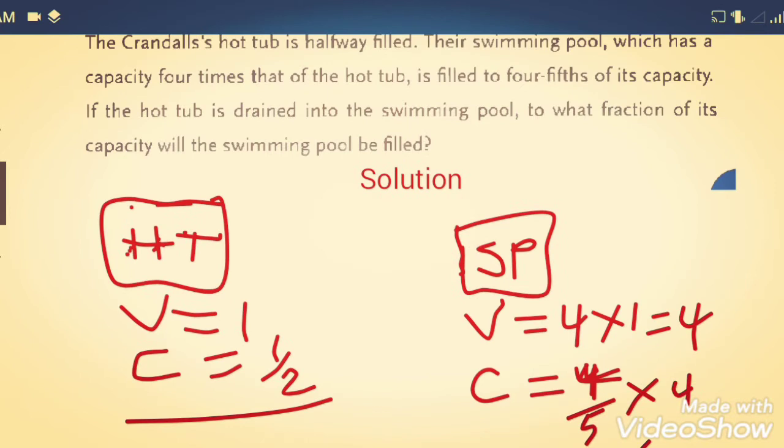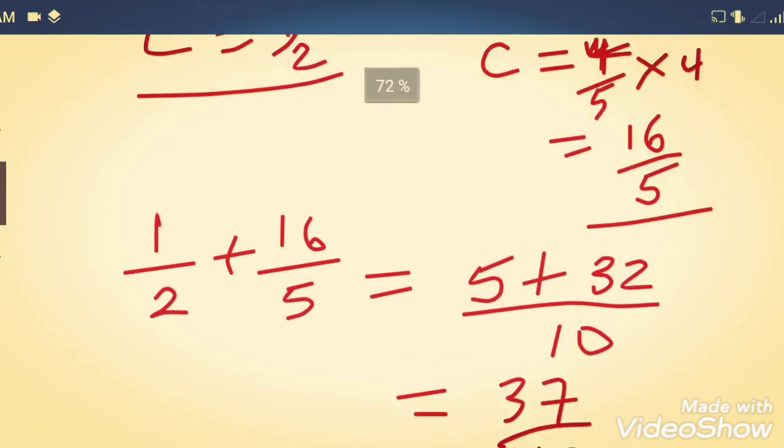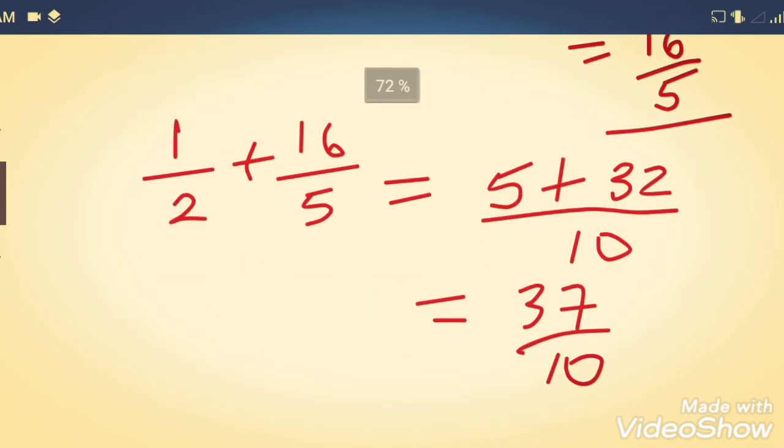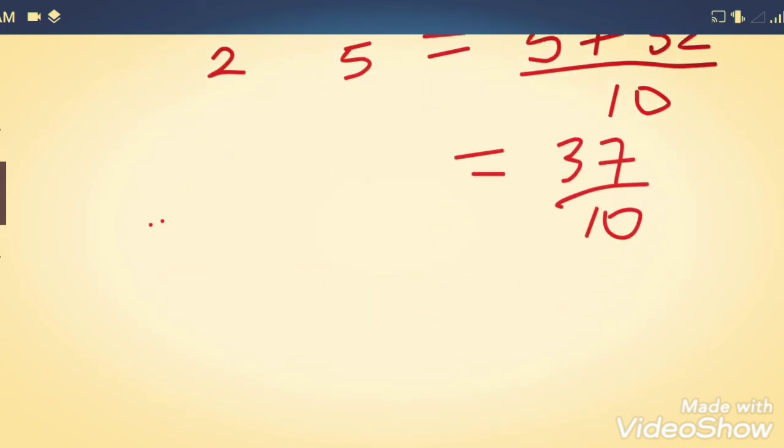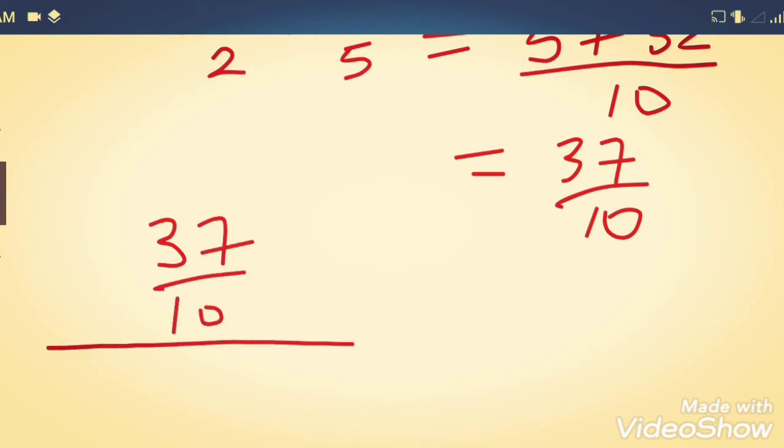So what fraction of this 37/10 will the swimming pool be filled? The capacity of the swimming pool is 4, so we're going to have 37/10 divided by 4, so that's the fraction here.